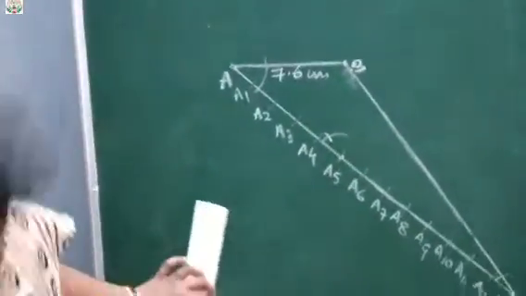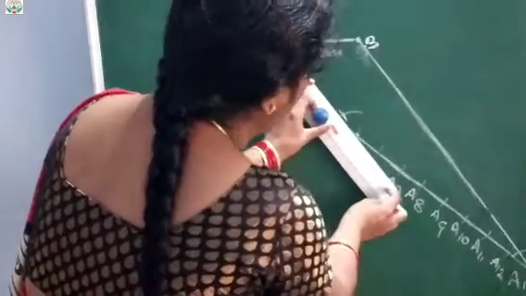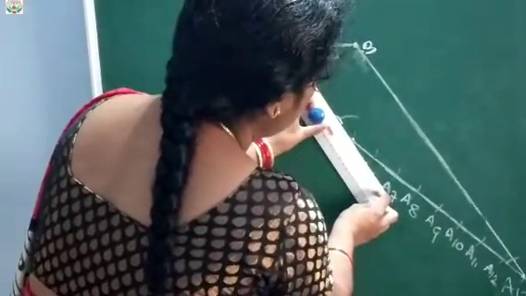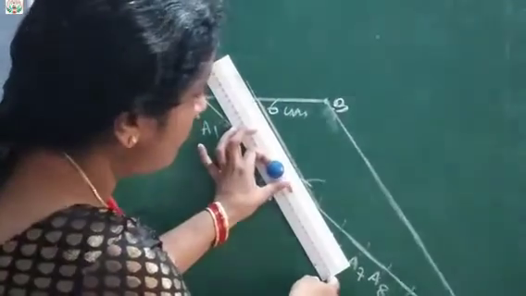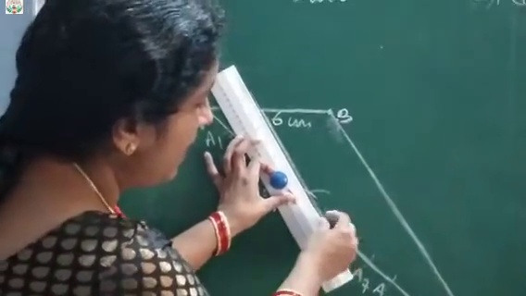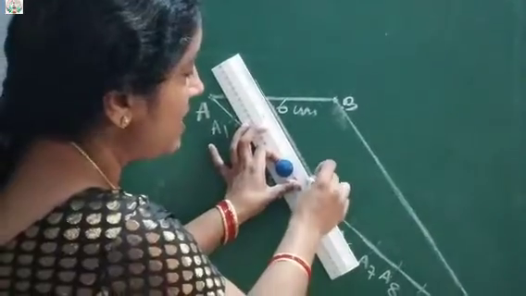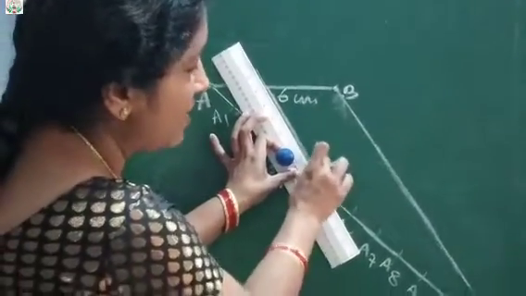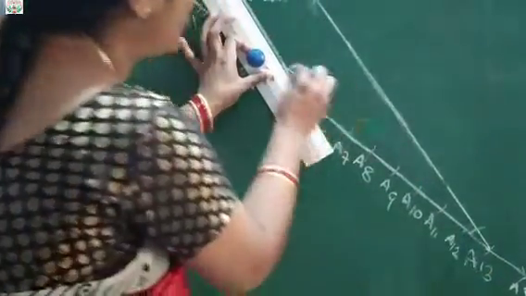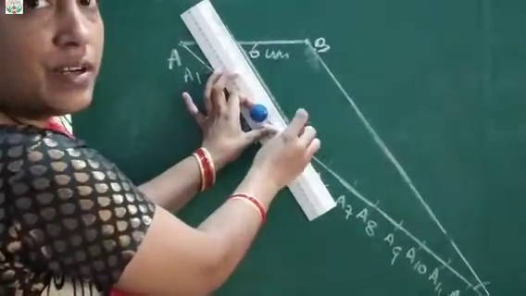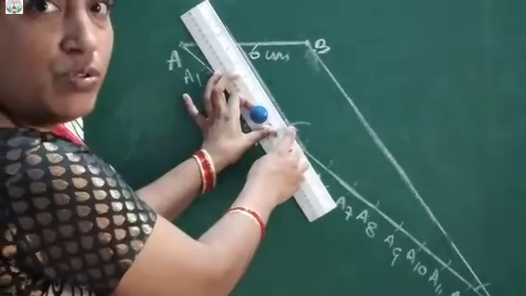Now with the help of chalk and scale I will join these two points. I have taken the A13 angle measurement and cut an arc on A5 with the same angle.